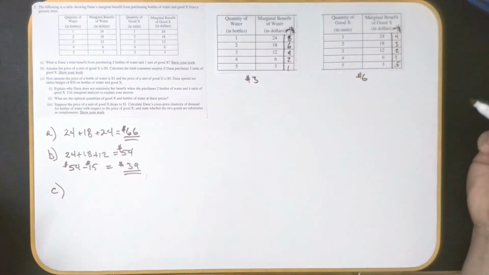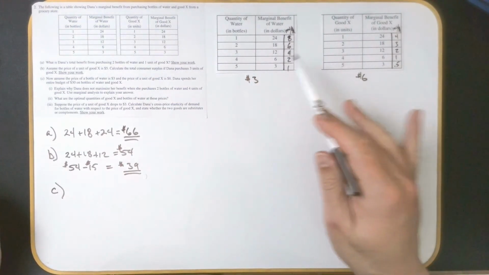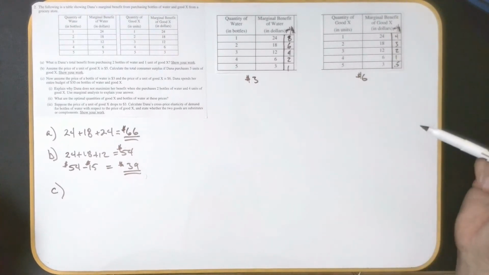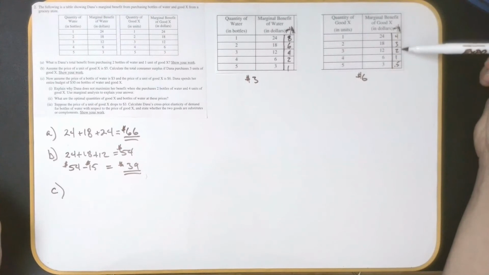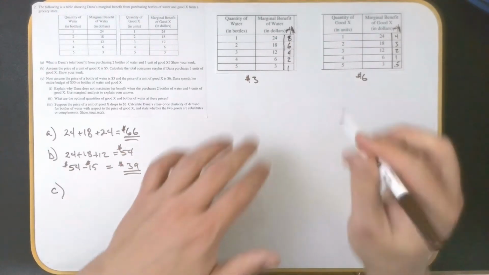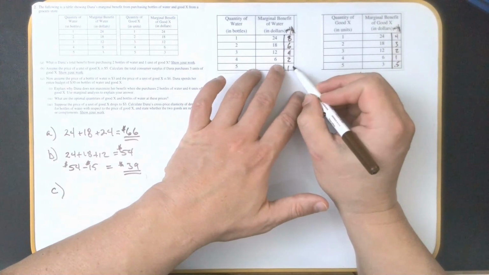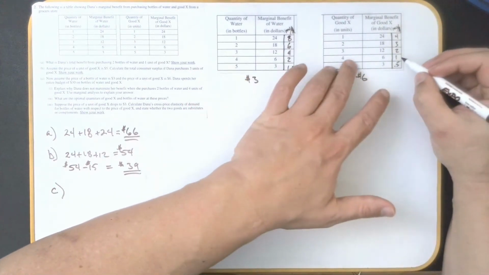Now if you remember, if you want to maximize utility, you equate marginal utility per dollar. If you look here, we've got 8, 6, 4, 2, 1, and here we have 4, 3, 2, 1. It looks like we have 3 places where the marginal utility per dollars are the same. Right here, they are both 1.